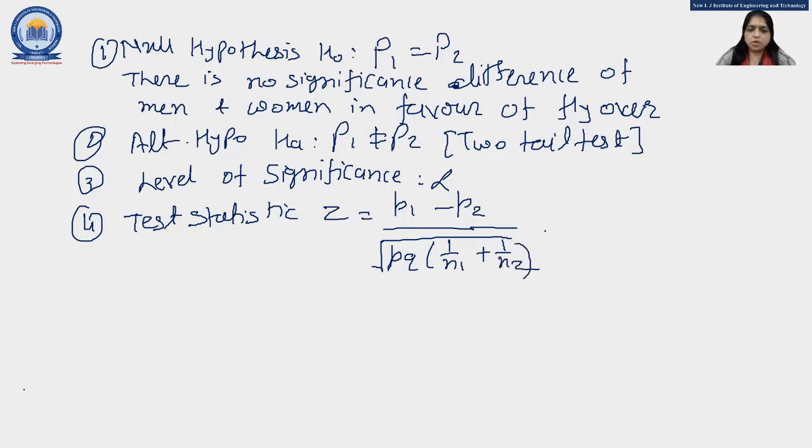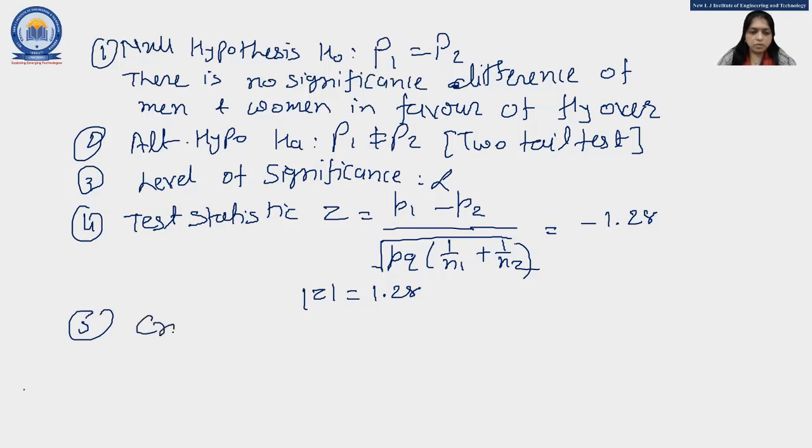After substituting all values in this formula, we get minus 1.28. So modulus of Z is 1.28.